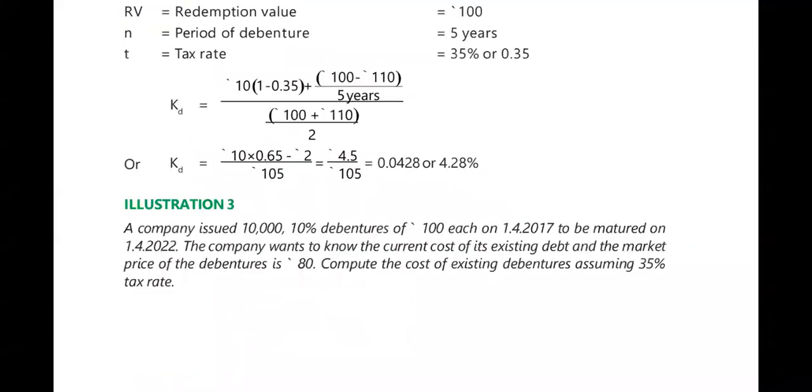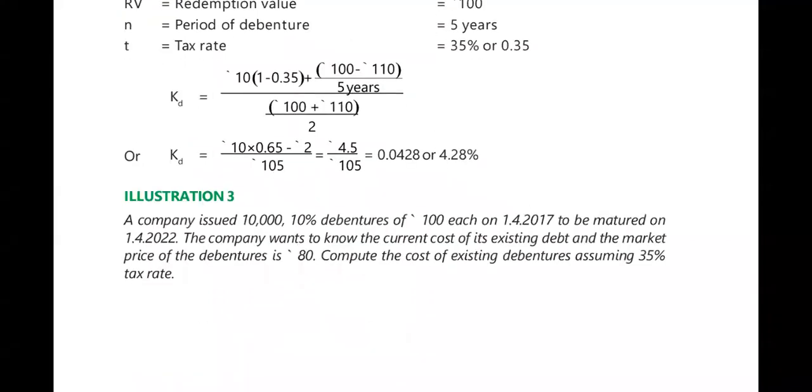A company issues 10,000 10% debentures of rupees 100 each on 1/4/2017 to be matured on 1/4/2022. The company wants to know the current cost of its existing debt, and the market price of the debenture is 80 rupees.